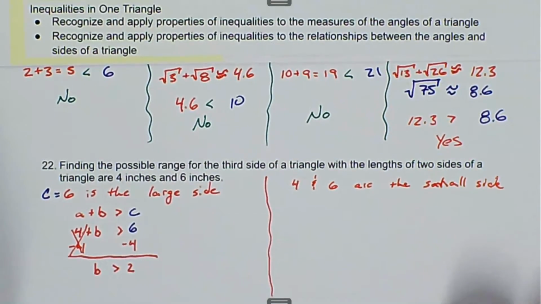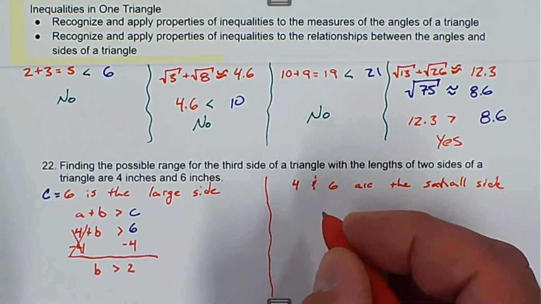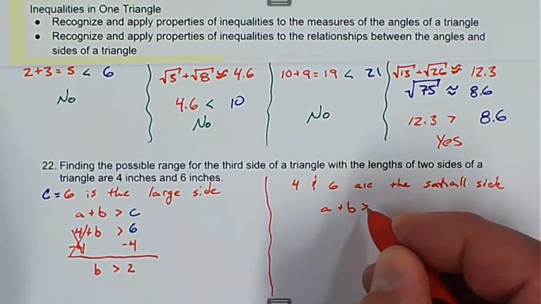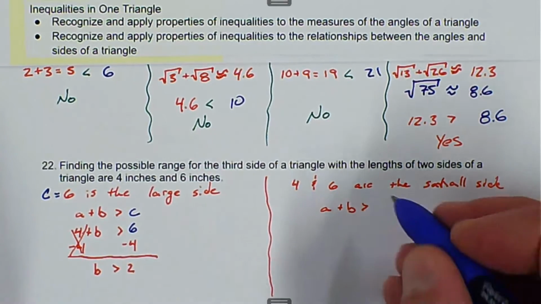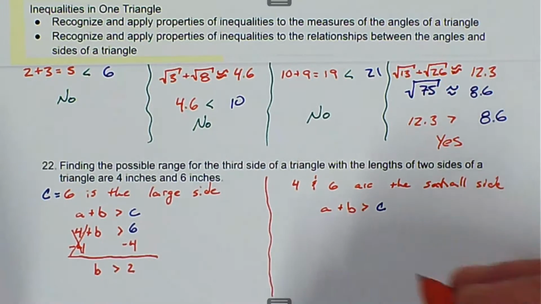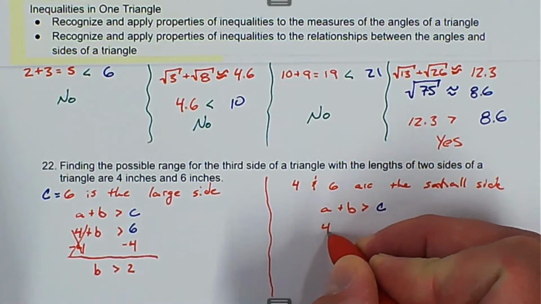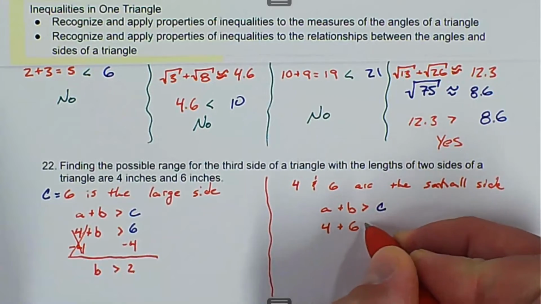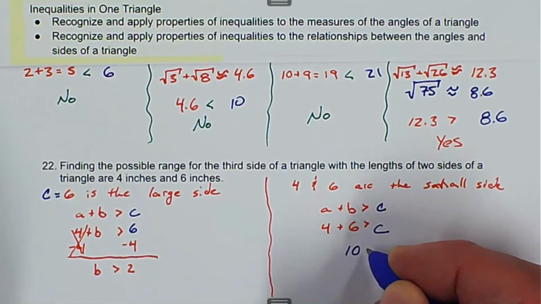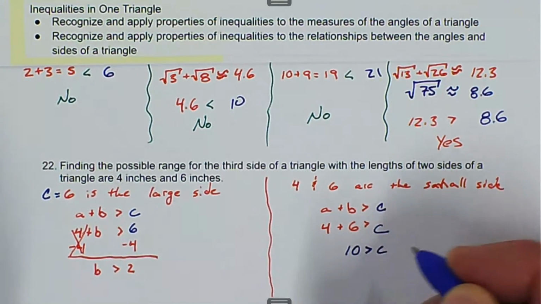Okay. So in that case, they would be a and b. So a plus b has to be greater than c. So let's put a as 4. Let's put b as 6, and that has to be greater than c. So 4 plus 6, so we get 10 has to be greater than c.